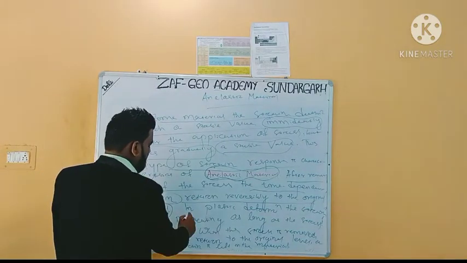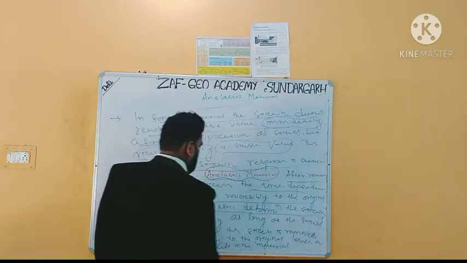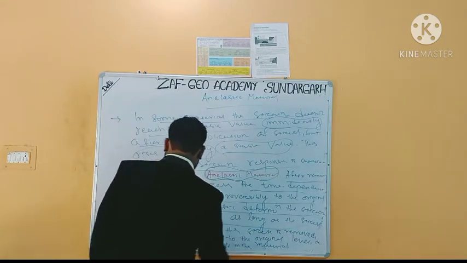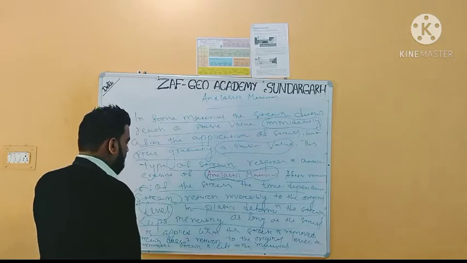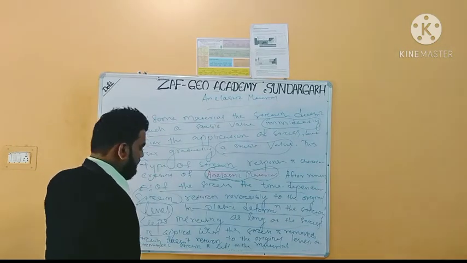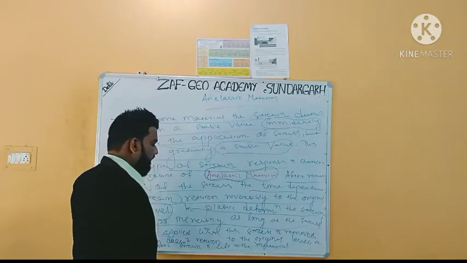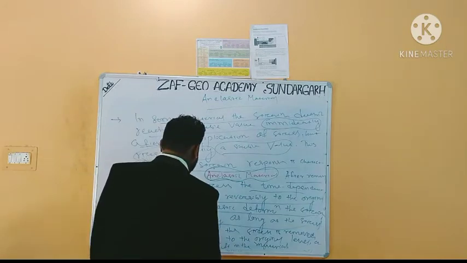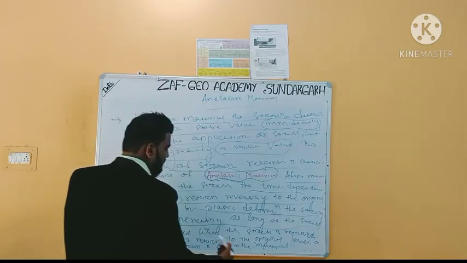Okay, so in plastic deformation, the strain keeps increasing as long as the stress is applied. It keeps increasing and increasing as long as the stress is applied. When the stress is removed, the strain does not return to its original level.